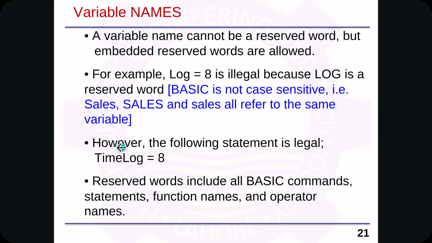We realize that at the start of Log, there's a capital letter. This type of writing, we call it camel case, whereby we start a new word inside a variable with a capital letter. And we have reserved words in QBasic. These are commands that are unique. You can't use them as variables.